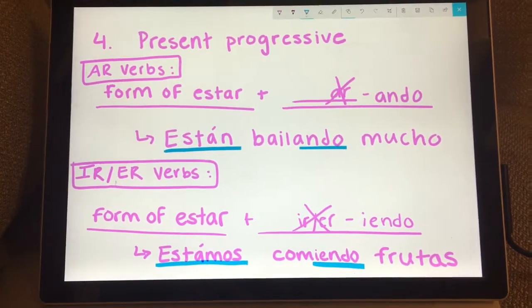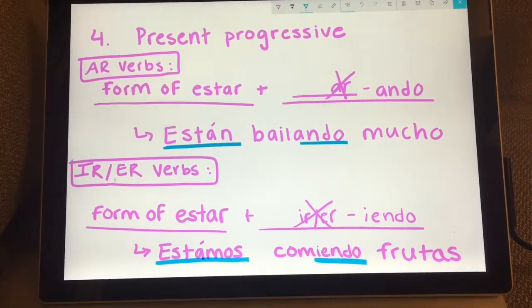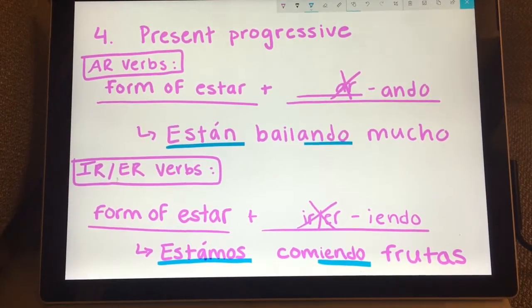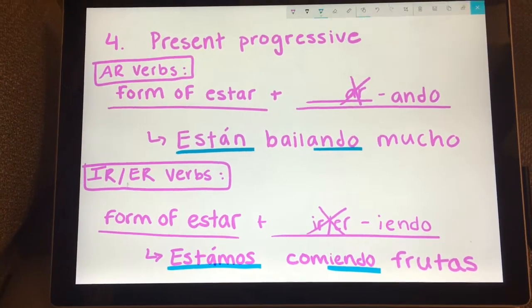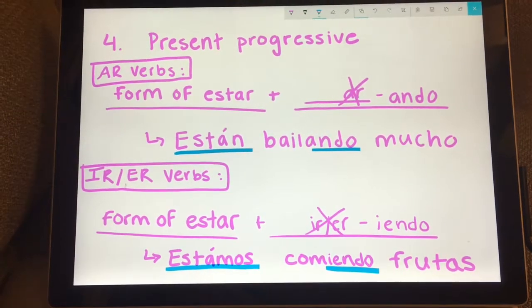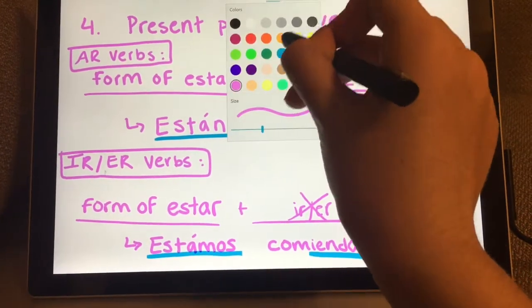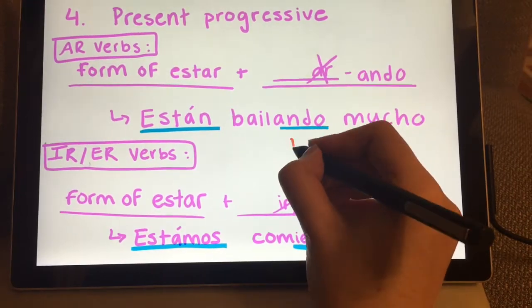So the last use of estar that I'm going to talk about is in the formation of the present progressive. So for AR verbs, we take the form of estar that matches with our subject. So it could be estoy, estás, está, estamos, estáis, están. And then I take that AR verb, and in this case, I'm using the verb bailar.